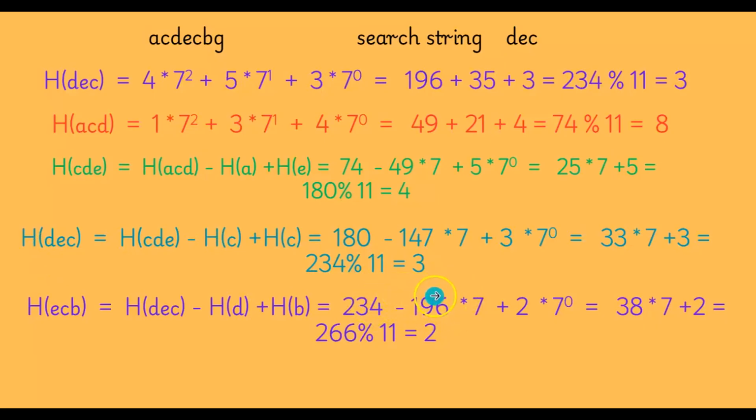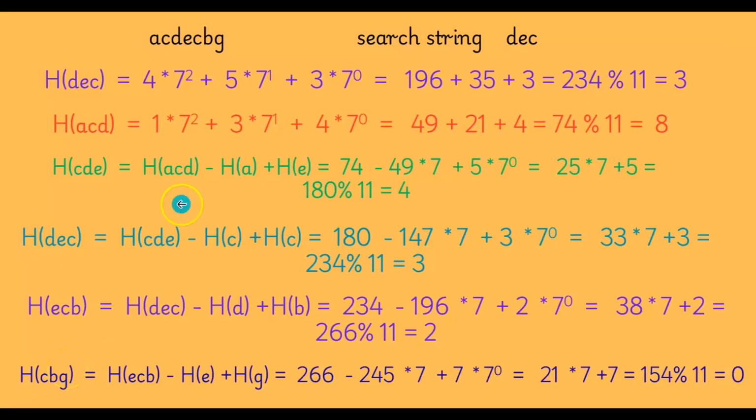And subtract these values and again multiply by 7, plus add the hash value of B. The hash value of B means B is assigned with the number 2 and multiply by 7 to the power of 0 and calculate the result. So you are getting 266. Find the modulo of 11 and the result is 2. This 2 does not match with the hash value of the search string. So we need not compare each character.